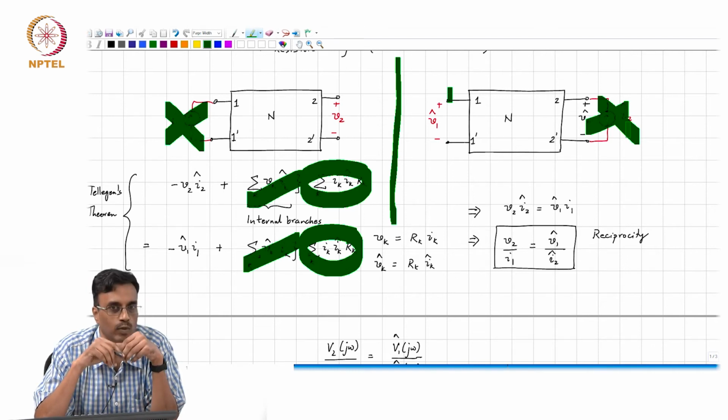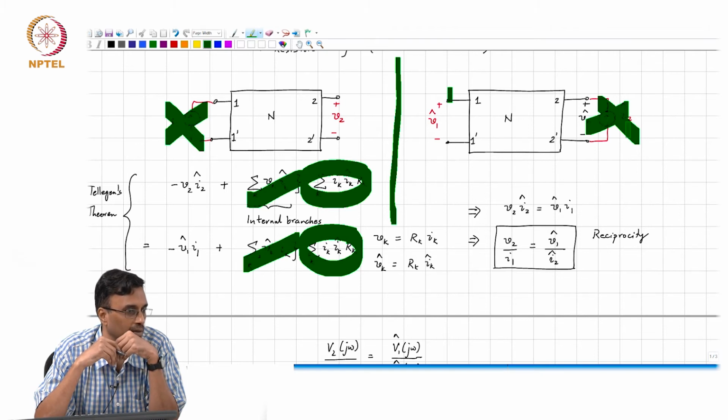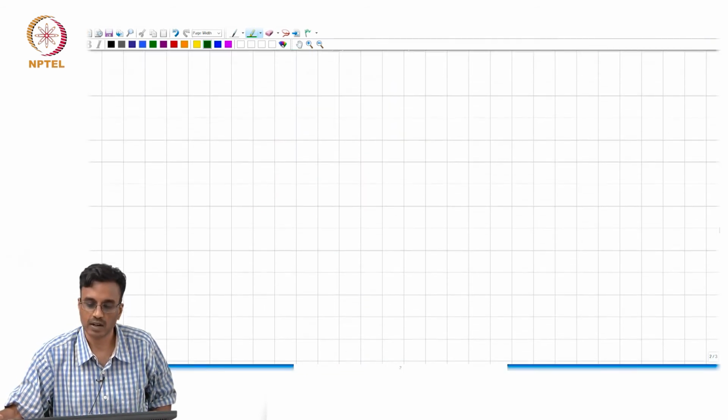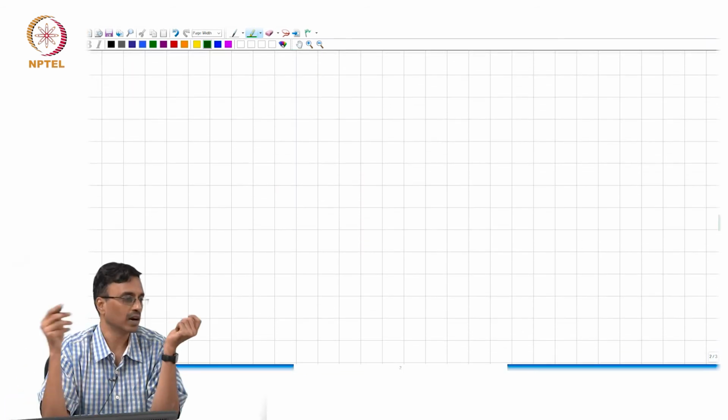If the graphs of the network are not the same, then this condition will not be satisfied. So, we have seen a current input and a voltage output.